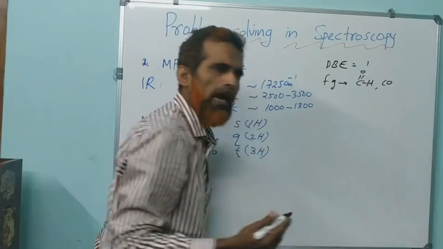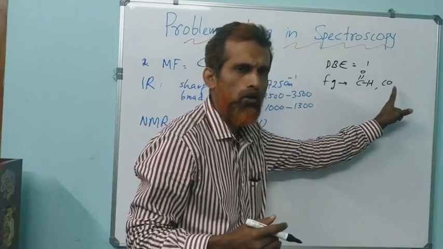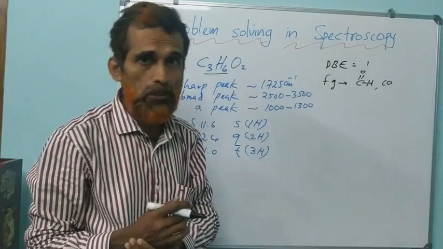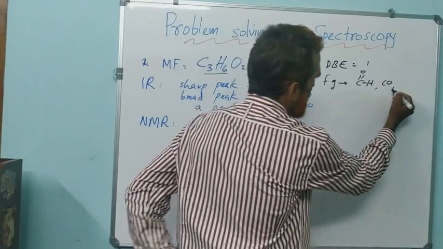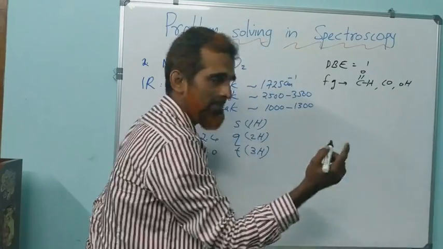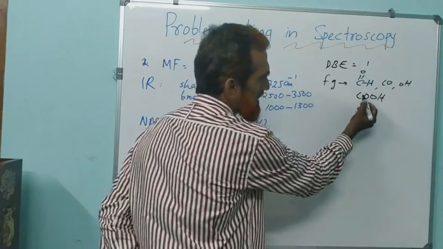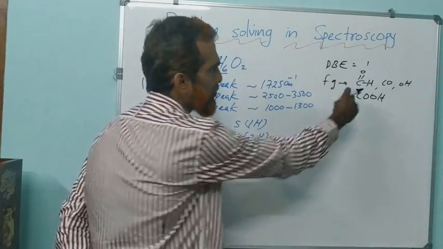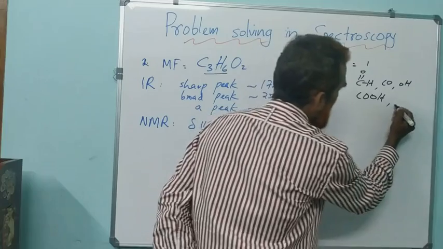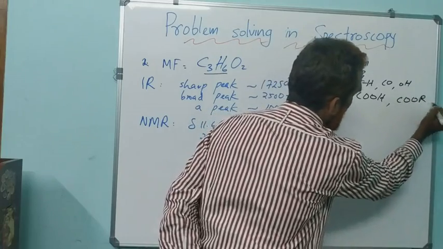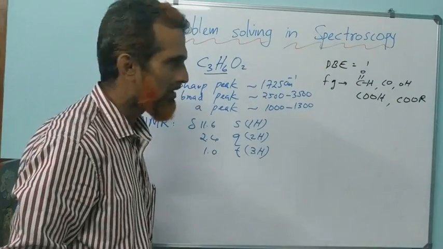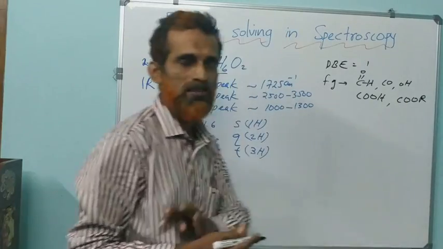It can be an aldehyde or ketone group with an alcohol group also, so there is a chance for OH. And there is another chance that it can be an acid group, because C double bond O is 1 pi bond and 2 oxygens are accommodated. It can even be an ester, COOR, accommodating 2 oxygens.